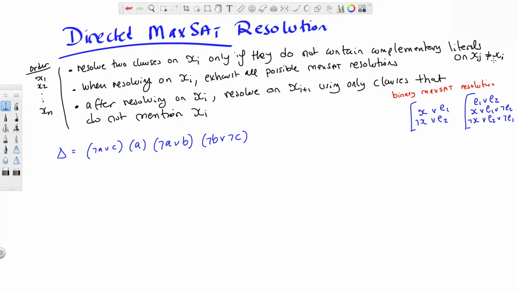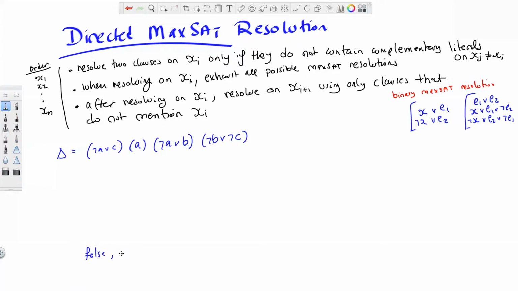So when we finish this, we do it all the way, and the guarantee that you have is the following. When I say we do it all the way, that means we don't stop when we find an empty clause, we keep going. So more generally, when you finish this procedure, you may end up having a bunch of empty clauses.